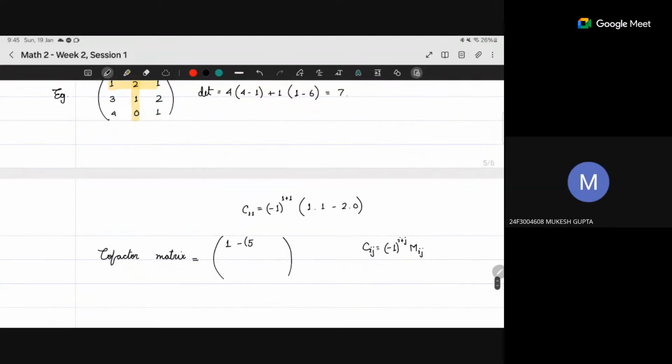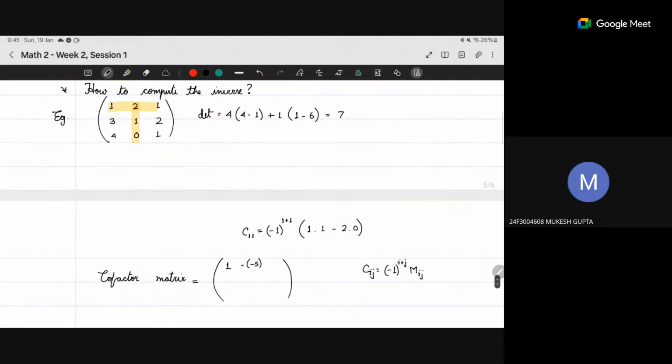Strictly speaking, it is minus of minus 5, which is 5, but let us keep it as minus of minus 5 just for clarity. And for A33, we'll look at this and you'll get minus 4.